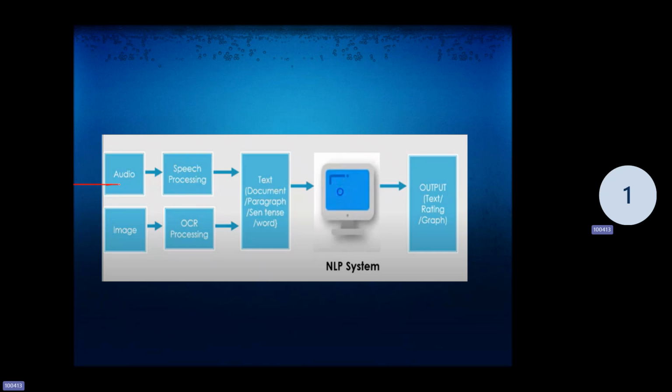First, for example, Alexa. Here your input is in audio voice. If input is in audio voice, then convert it into speech processing, then text. After speech processing, your data is converted into text. Then this is the whole NLP system where AI and machine learning algorithms can work. For example, in case of Alexa, first of all, you give input in the form of audio.